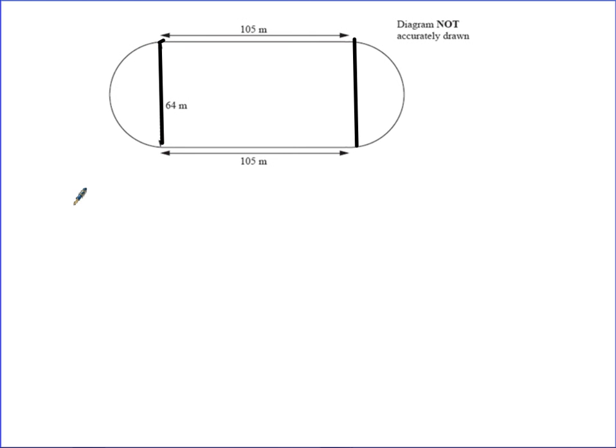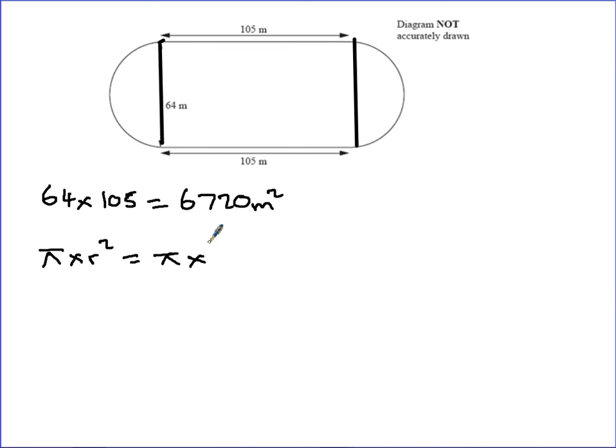So our rectangle is 64 times 105, which gives us 6,720 metres squared. And then we've got the area of the circle, and that's pi times r squared. So it's pi times the radius, and the radius is half the diameter, so it's 32 squared. So 32 squared first, equals, times that by pi. That gives you 3,116.99.